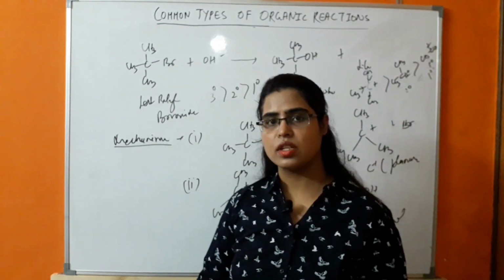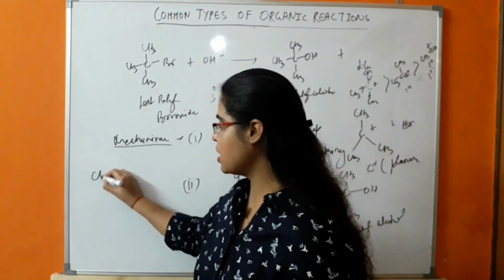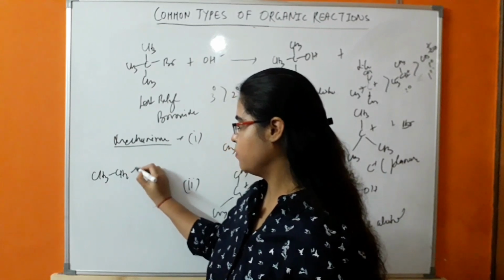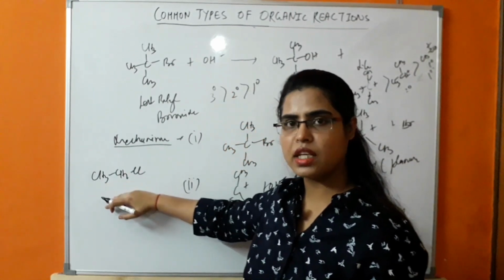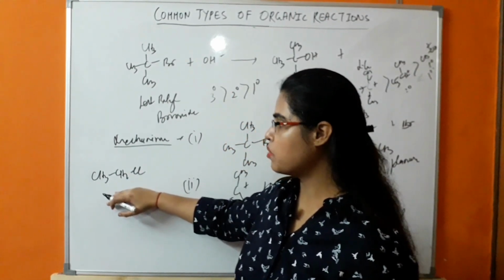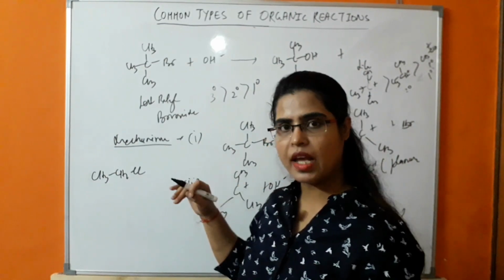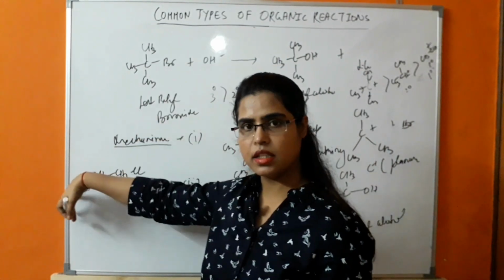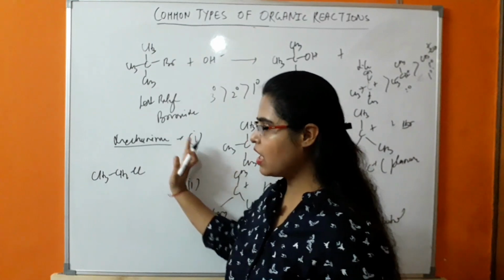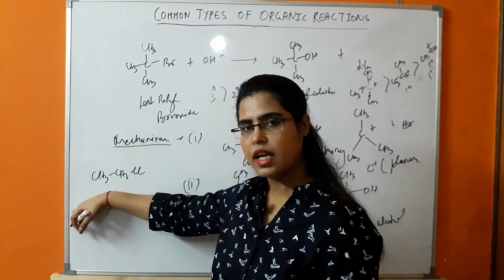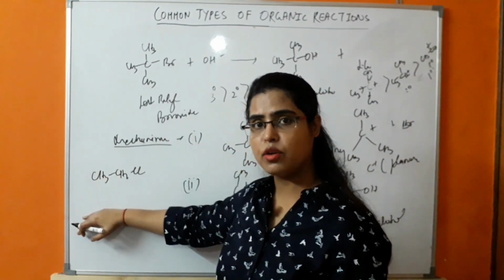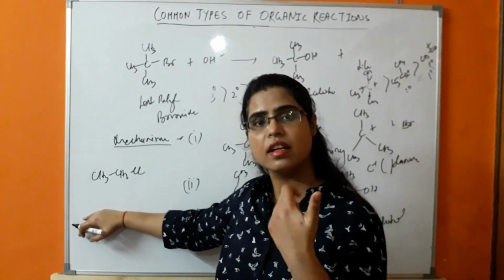Whereas SN2 reaction majorly occurs in primary alkyl halides. ठीक है, it is mainly occurring in primary. Why in primary? Because the nucleophile is attacking from the back side. ठीक है, so if the nucleophile is attacking from the back side and there are more alkyl groups, then there will be steric hindrance.